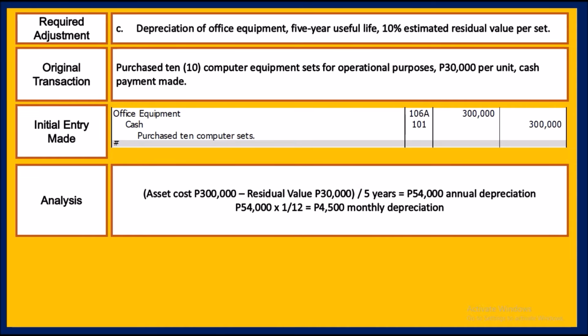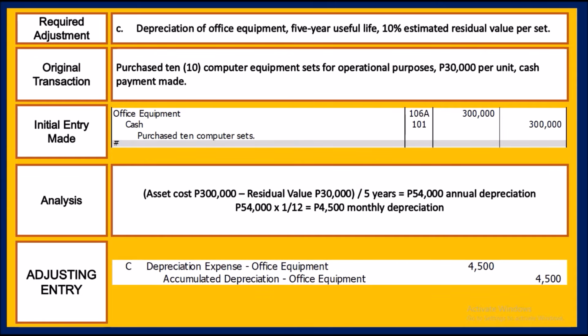Then 54,000 times 1 over 12 gives us a monthly depreciation of 4,500. So our adjusting entry is debit depreciation expense office equipment 4,500, credit accumulated depreciation office equipment 4,500. Let's proceed to adjustment letter D.